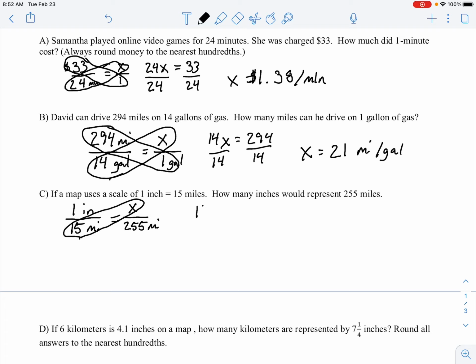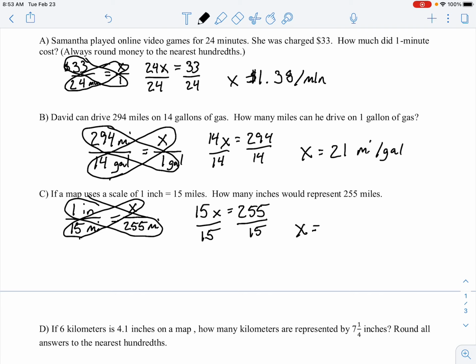Do our cross multiply. 15 times x is going to equal 255. Divide by 15. Divide by 15.